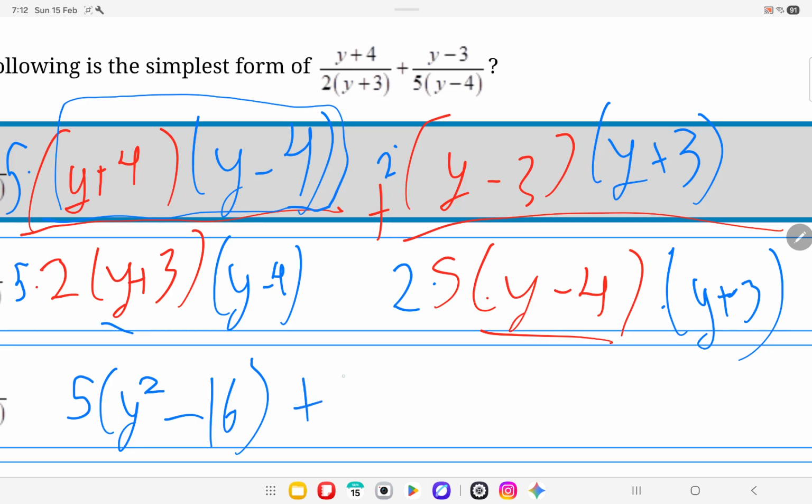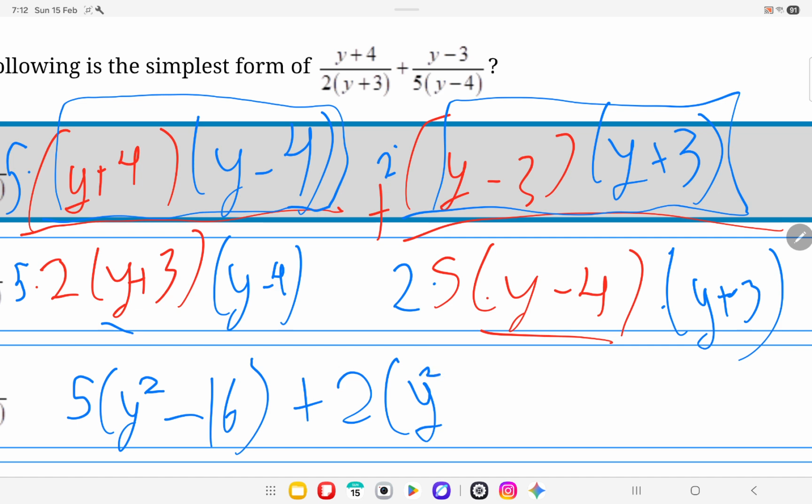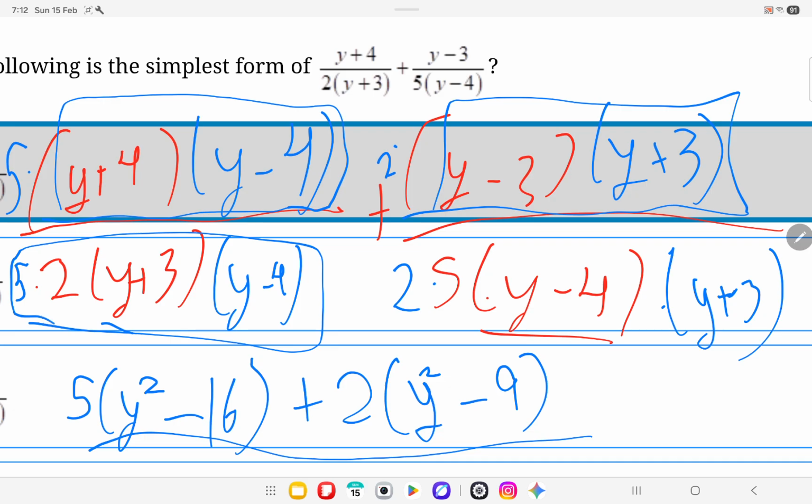Then we write plus 2 times, here it's the same thing. It's the formula, which is first plus second times first minus second. So we write first, which is y squared, minus second, which is 3 squared, so we write 9. Okay, so now we add 5 plus 2. Forgot, we have to put all of this over what we found here. Okay, so let's just rewrite it.